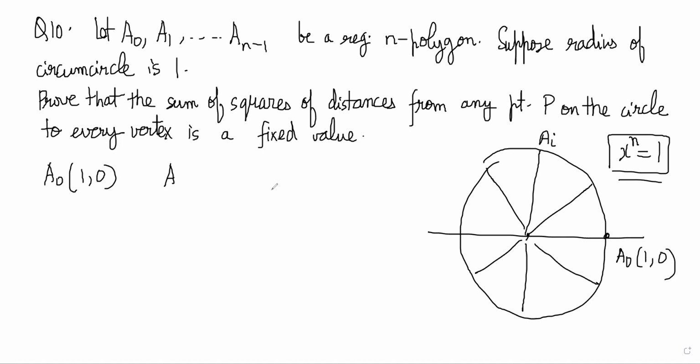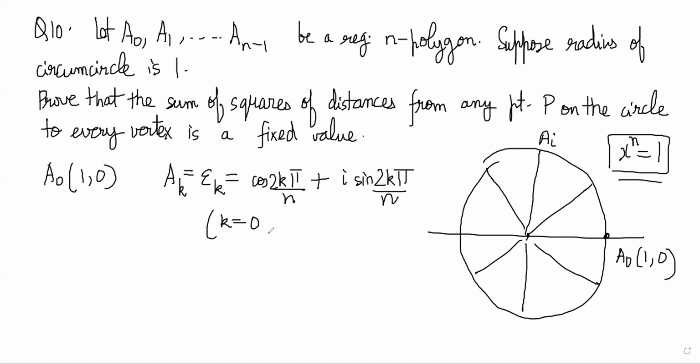So we'll say ak is equal to the kth root, which is equal to cos of 2k pi by n plus i sine 2k pi by n, where k goes from 0, 1, 2 till n minus 1. If you put 0, you will get this root a0. If you put n minus 1, you will get the last vertex here, right?